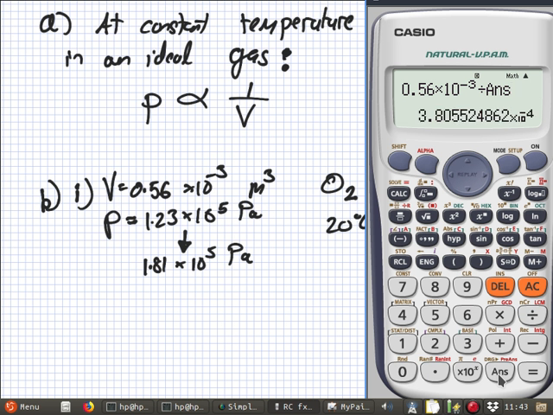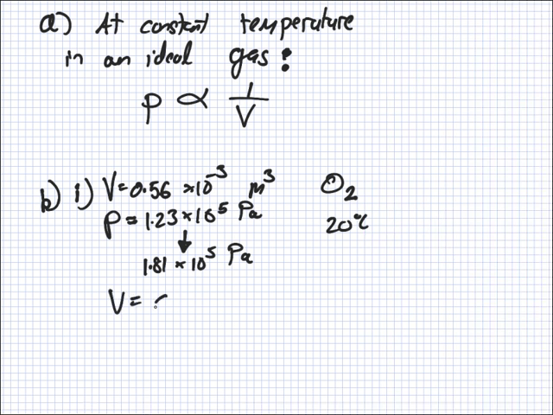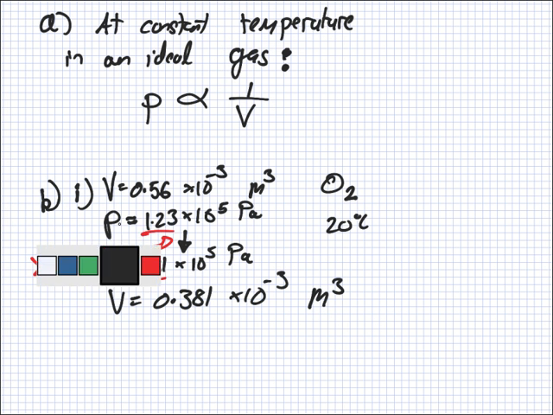And that's 0.3, okay, so I want to have it as 10 to the minus 3 because that's what it was earlier. 0.381 times 10 to the minus 3 meters cubed, because what happened was the pressure was multiplied, we said, by 1.47 going from here to here. So that means the volume gets divided by that number.